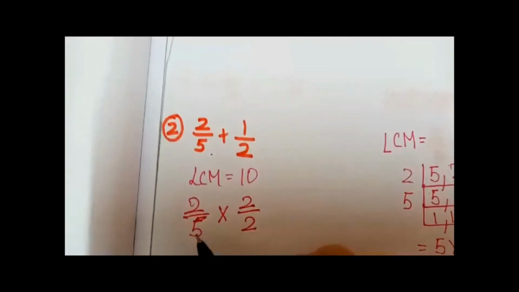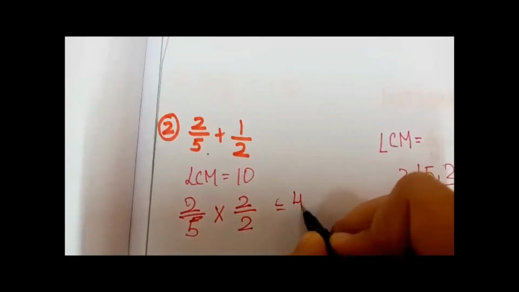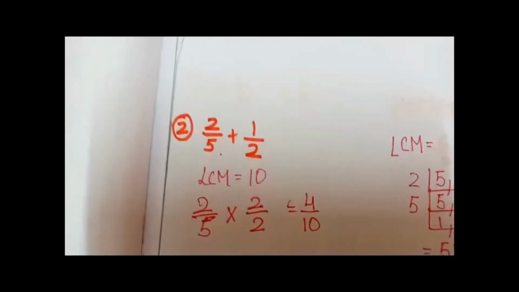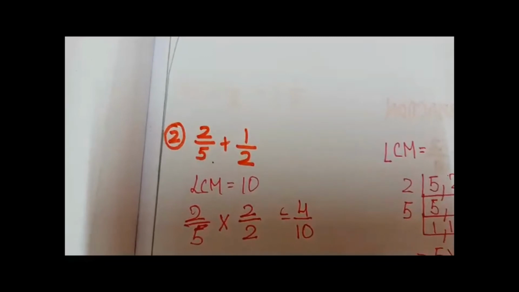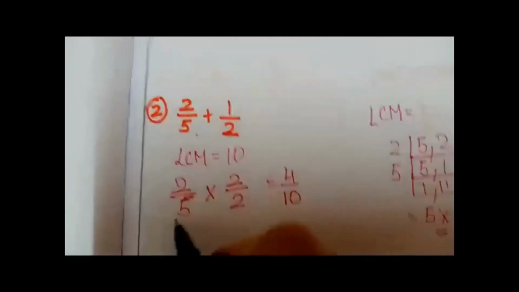So here we have 2 by 5 into 2 into 2. 2 into 2 is 4. 5 into 2 is 10. How to solve such sums? For that, do visit our second video, which will be part 2, where we teach how to do multiplication and division of fractions. So here we converted the first fraction to 4 by 10.